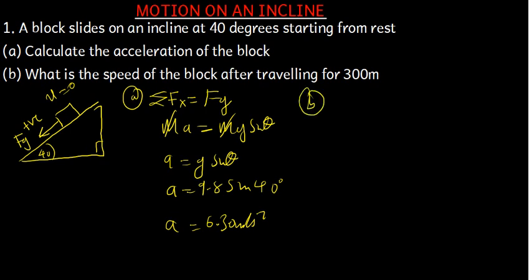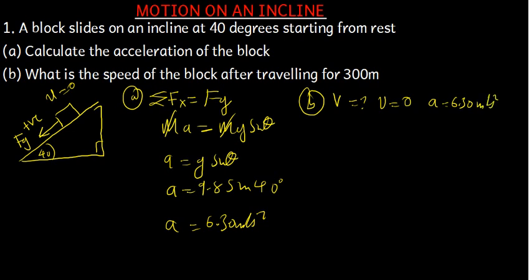Now the second portion: what is the speed of the block after traveling 300 meters? We want to find v. What do we know here? We know u, the initial speed, since it started from rest, is 0. We know the acceleration is 6.30 meters per second squared.